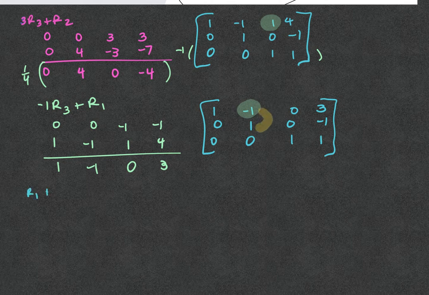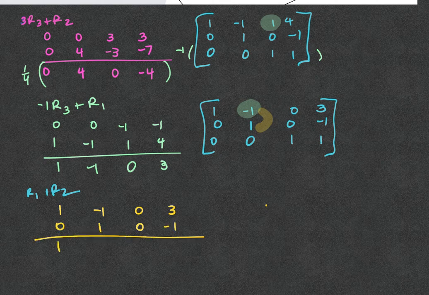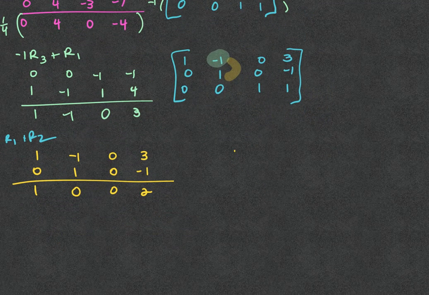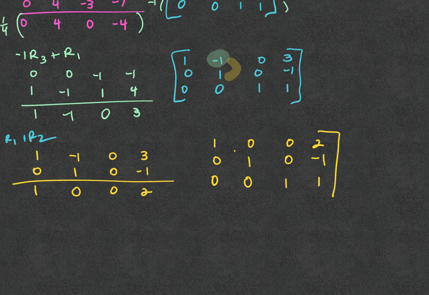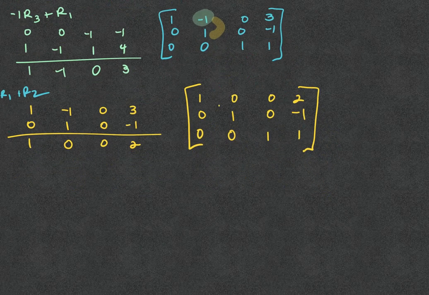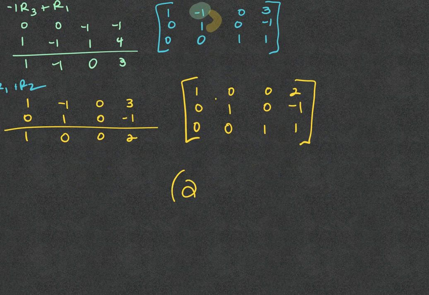Row 1 plus row 2. 1, negative 1, 0, 3, plus 0, 1, 0, negative 1, and I get 1, 0, 0, 2. So my final matrix is 1, 0, 0, 2, 0, 1, 0, negative 1, 0, 0, 1, 1. And my answer is? Good.